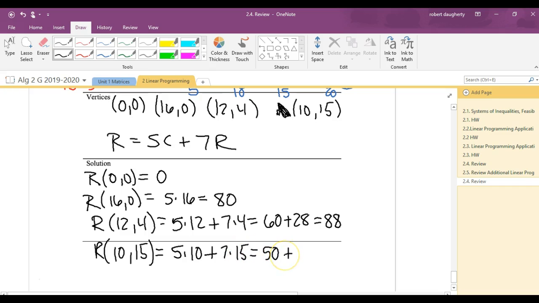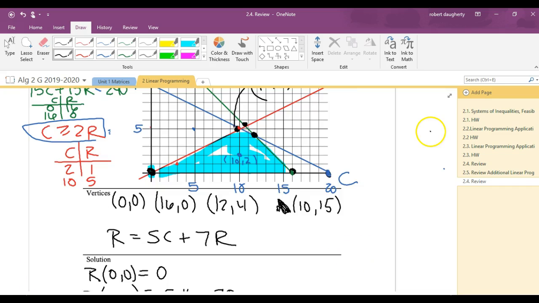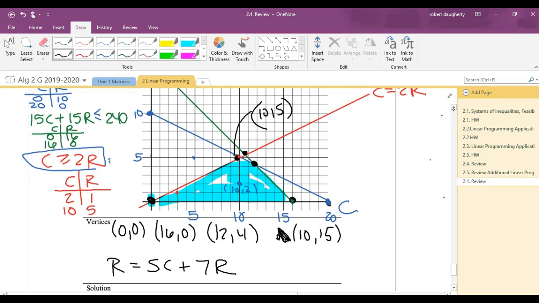The revenue at 10, 15 is going to be 5 times 10 plus 7 times 15, which is 50 plus 105, which is 155. Okay. And then, sorry, as I double check this, when I solved this, I got 10, 5.